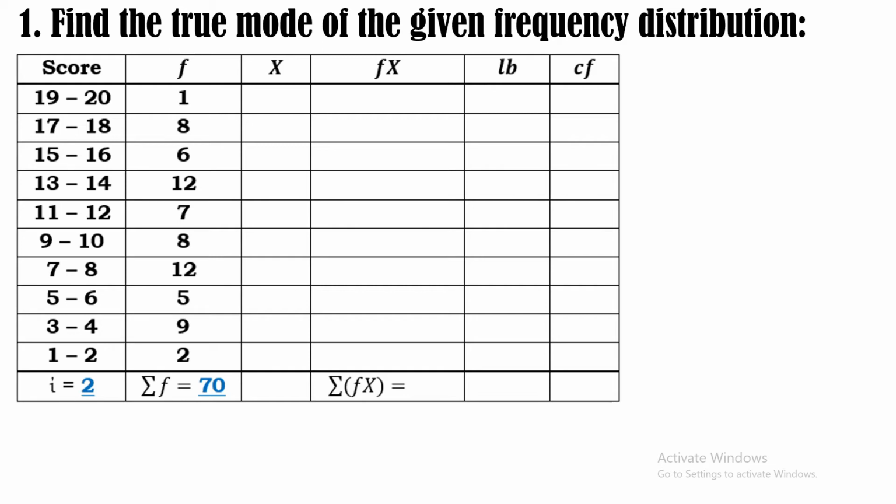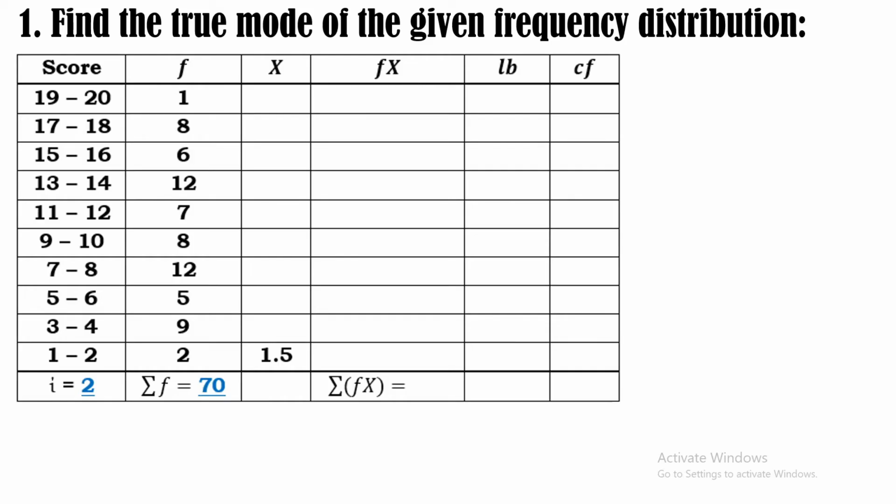Now let's proceed to the class mark. If you can still remember, the class mark is found by adding the upper limit and lower limit divided by 2. So for the first class mark, we have 1 plus 2, that's 3, divided by 2, so we have 1.5.